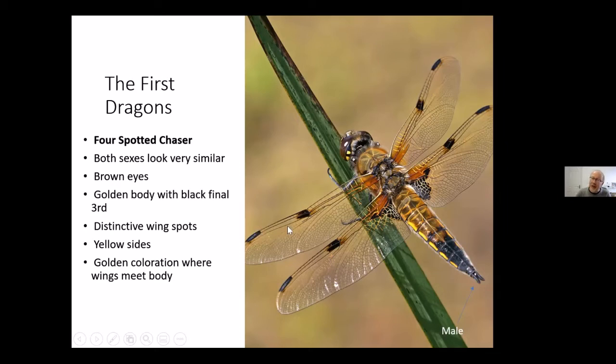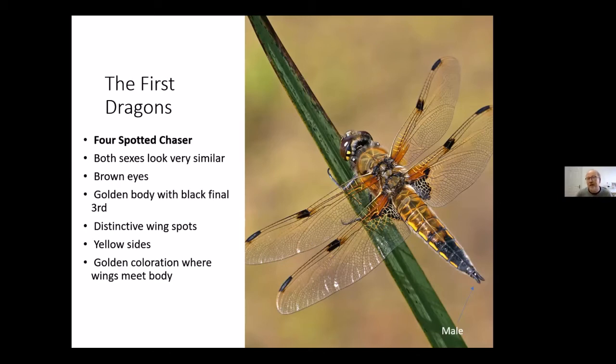Doesn't matter whether you count that way or count this way. 1, 2, 3, 4. It's the only one with the 4 spots. So if it's golden in color, well, I'll show you the other colorations in a minute, but it has these 4 spots. It's a 4-spotted chaser.